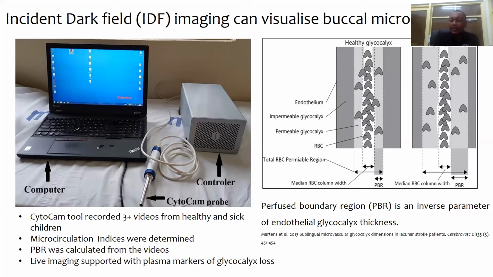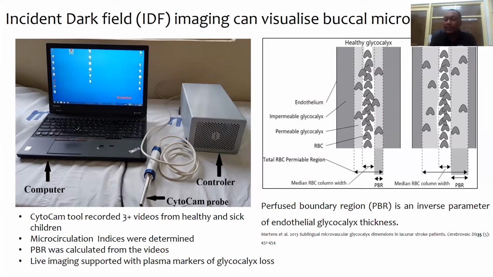We used ELISA to determine the Glycocalyx markers from the blood samples collected from healthy and from sick children. When we measured the Glycocalyx markers from the infected children, we also compared them with the PBR, the perfused boundary region.